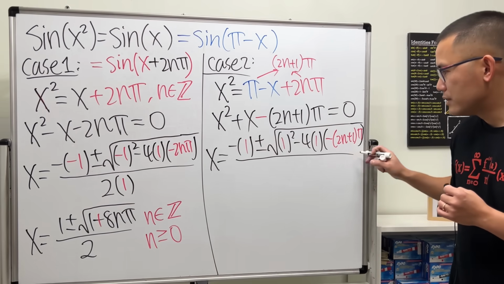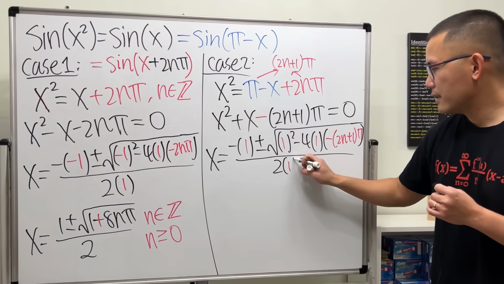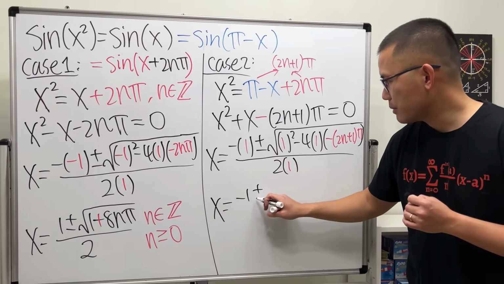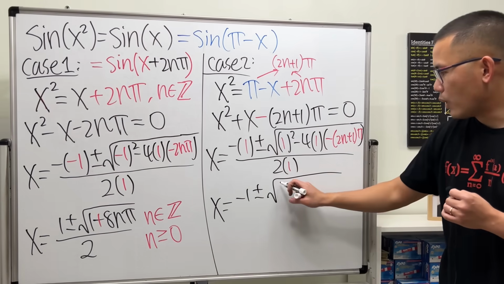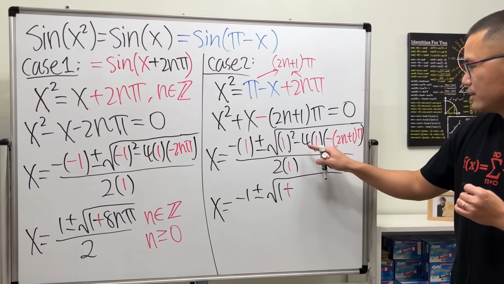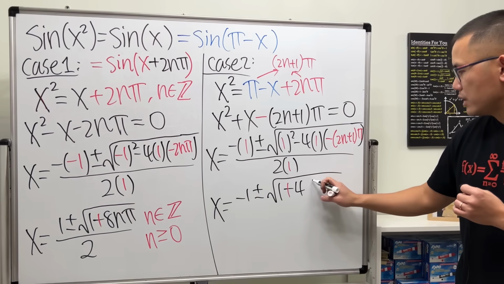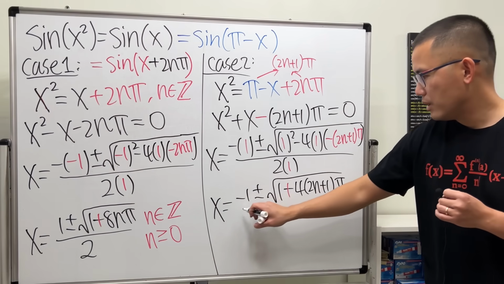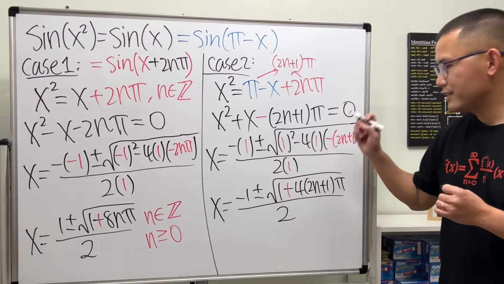And then all over 2 times 1. So x equals, this is negative 1 plus or minus square root 1, negative times negative, and 4 is right here, and then we keep the 2n plus 1 like this, and then the pi all over 2, like that.